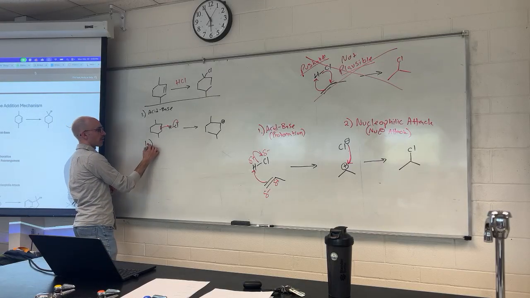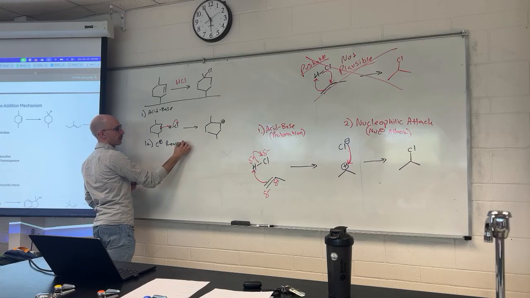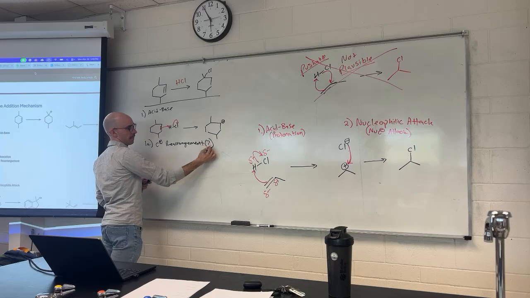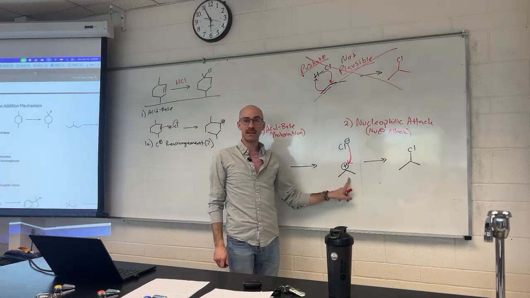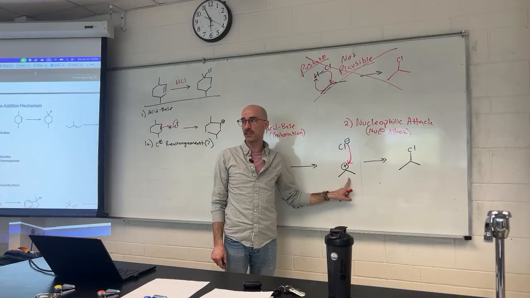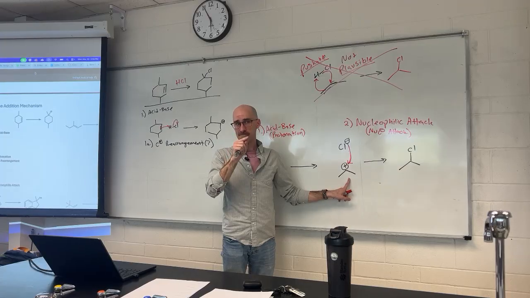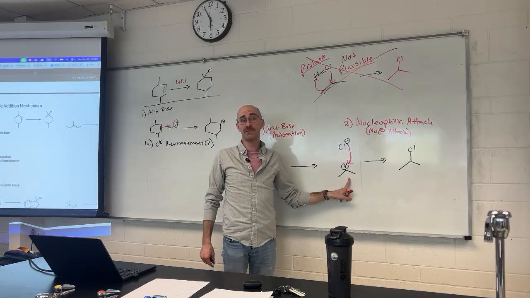When I form a carbocation, I should look out for carbocation rearrangements. So I'm going to put a question mark here. Last time, I did not see a carbocation rearrangement. Can anybody tell why? It was already the most stable carbocation.